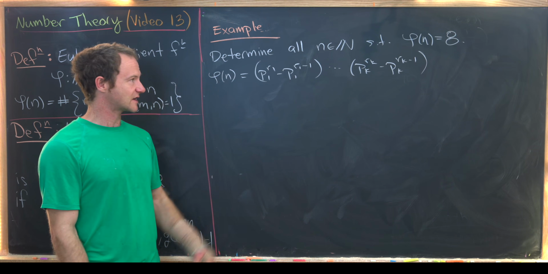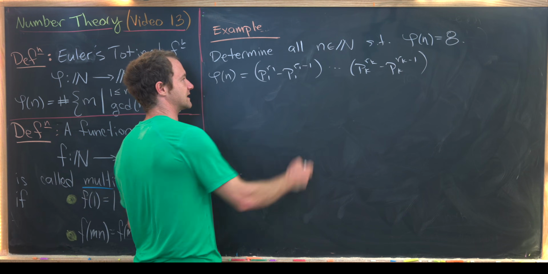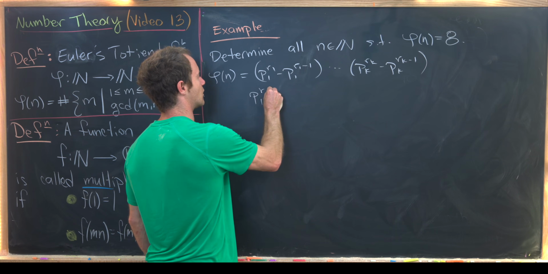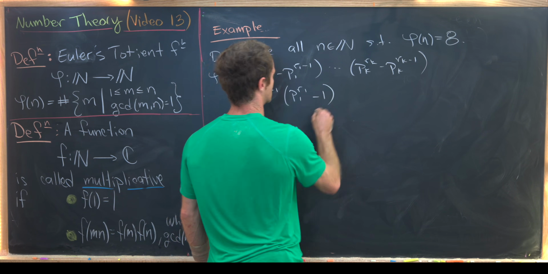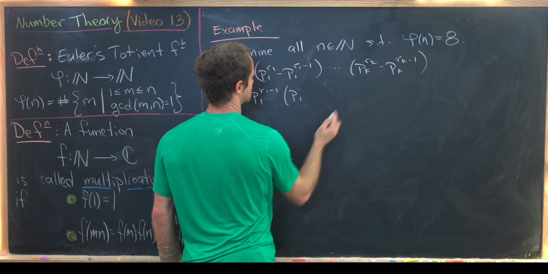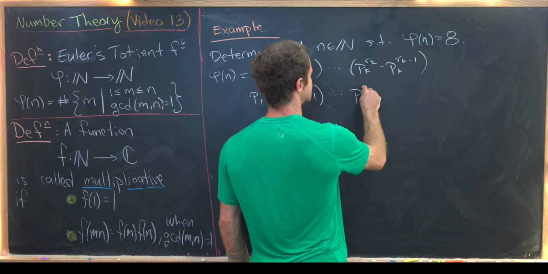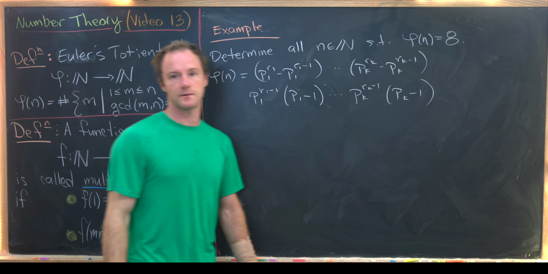But now instead of factoring this the way we did in the proof of our lemma, let's factor it a little bit differently. Let's factor this term out. So we've got p1 to the r1 minus 1 times p1 minus 1 all the way up to pk to the rk minus 1 times pk minus 1.